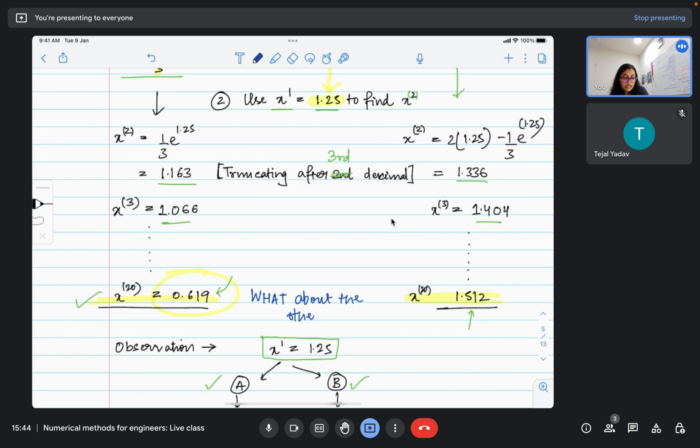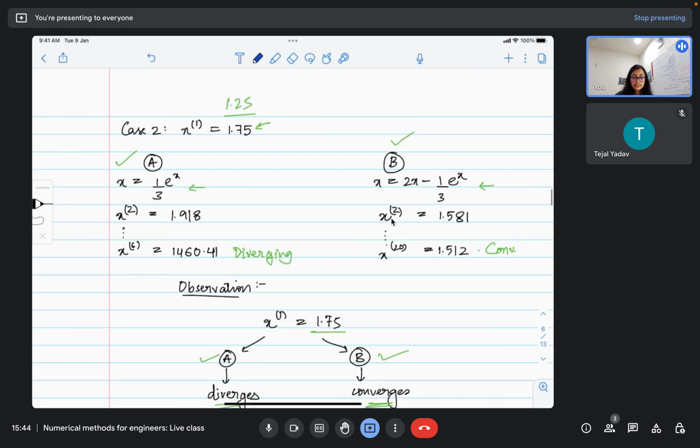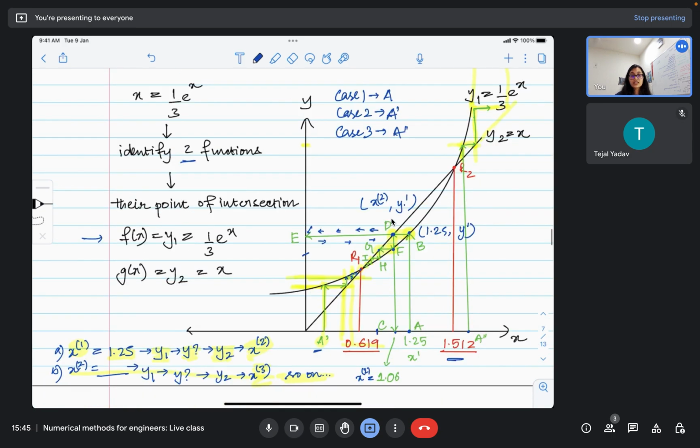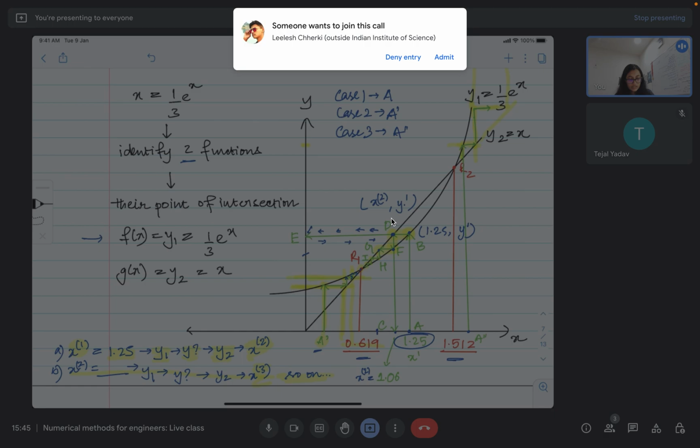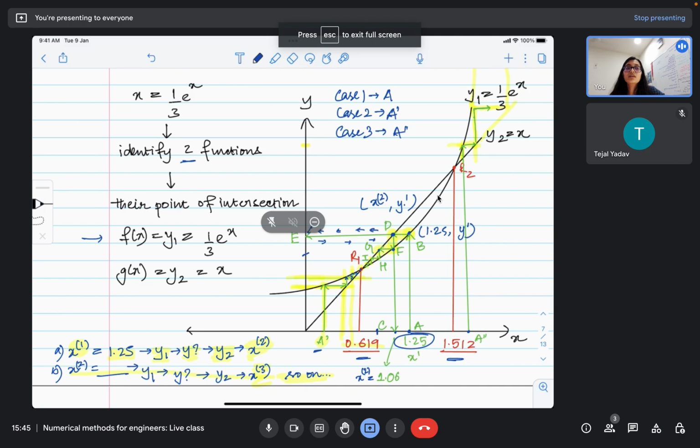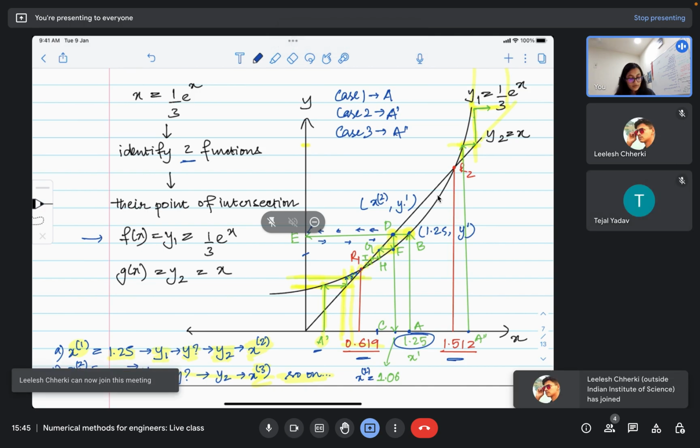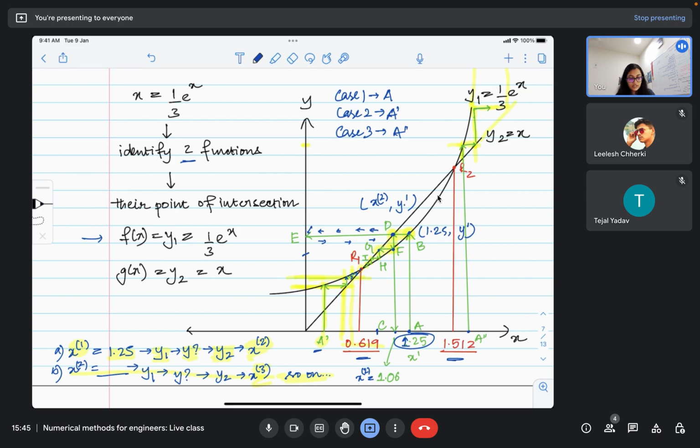Okay, think about this. But to answer this, one very clear and convincing diagram would be this, where you can understand that one of the roots is 0.619, this is one root and this is one root, and you start at an initial guess of 1.25, and you reach the point here in the graph.